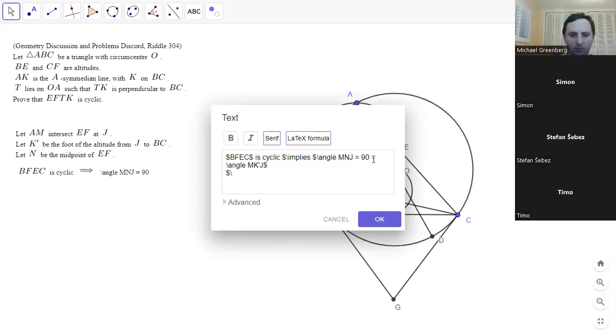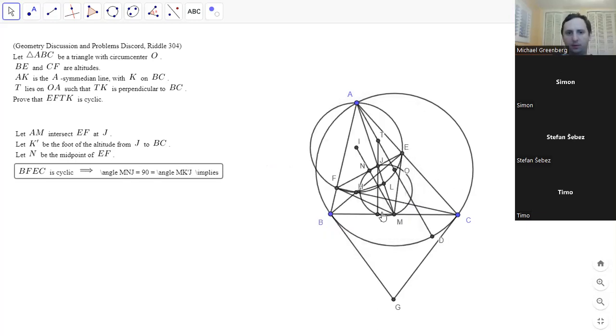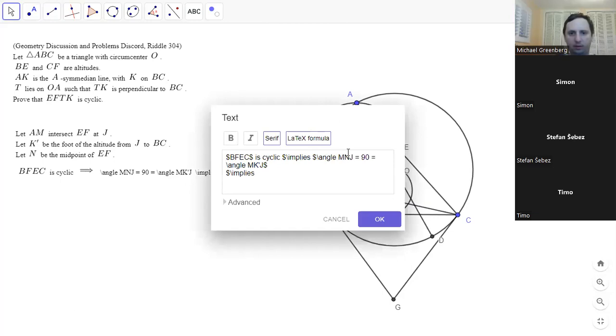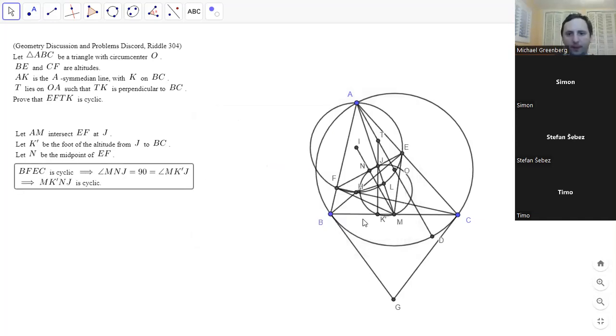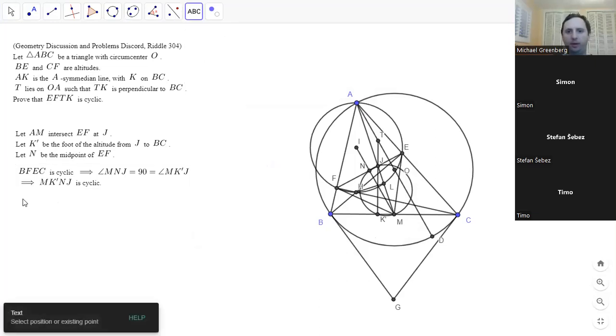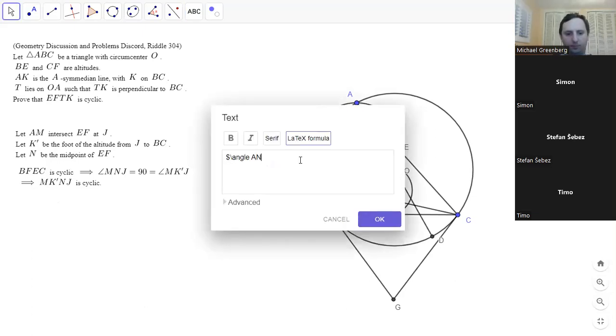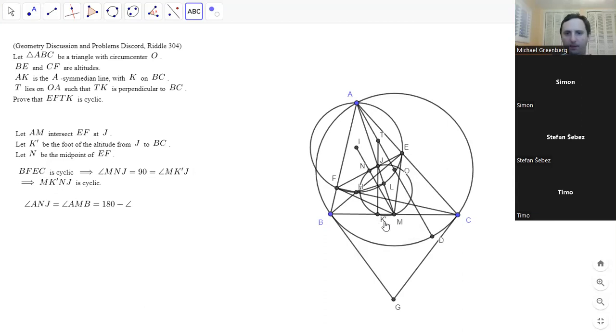And that means that MK'NJ is cyclic. And once we know that, it's not hard to show that A, N, and K' are collinear, like you said, from an angle chase, because we have angle ANJ is equal to angle AMB, which is 180 minus angle K'NF.